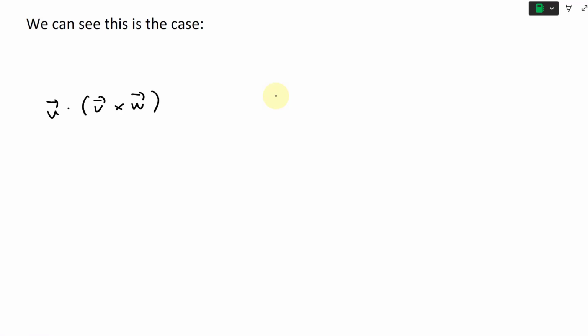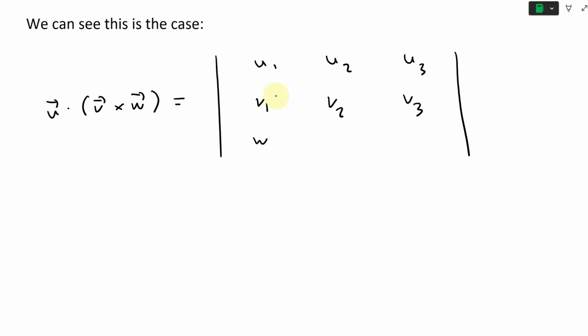So the scalar triple product, instead of using our ijk components, we could write this out all in one go. We can go u1, because instead of multiplying by the ijk vector components, or the unit vectors, we can go straight up with the vector u and then multiply those out, and it becomes a scalar. So the next one's going to be v1, v2, v3. And then this is going to be w1, w2, w3.